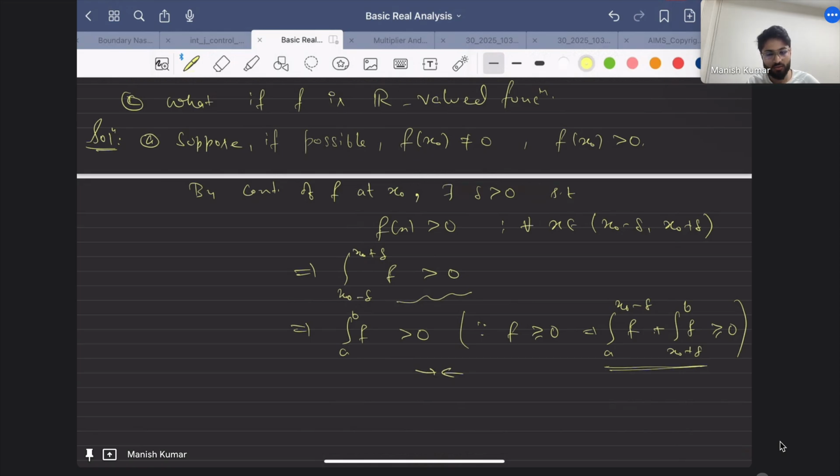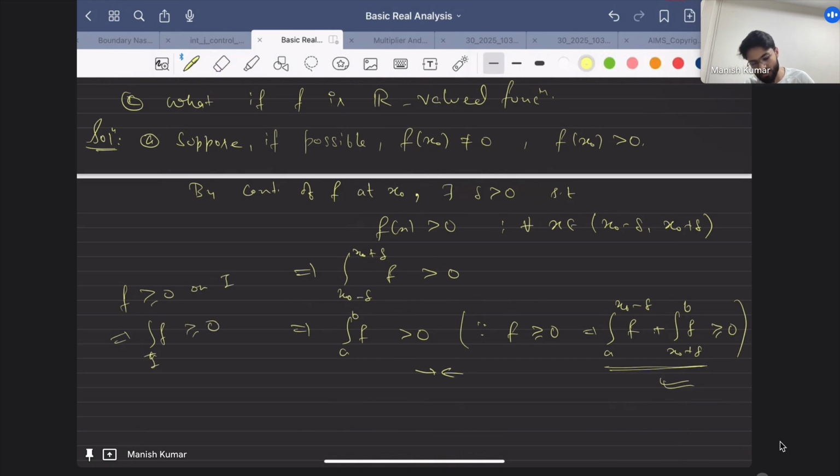Sir, you have written since f is greater than or equal to 0, so this will imply the integral a to b of f is greater than or equal to 0. This cannot be said. Sir, if f is greater than or equal to 0, then can we say that the integral of f is greater than or equal to 0 in that interval? Why not? If f is greater than or equal to 0 on some interval I, then the integral over I of f is greater than or equal to 0, right?